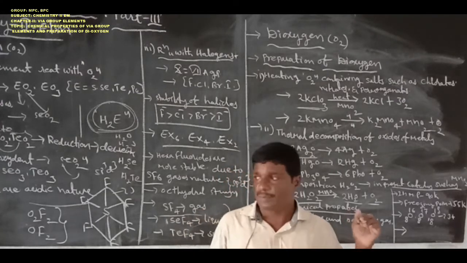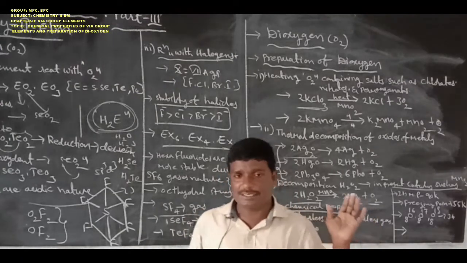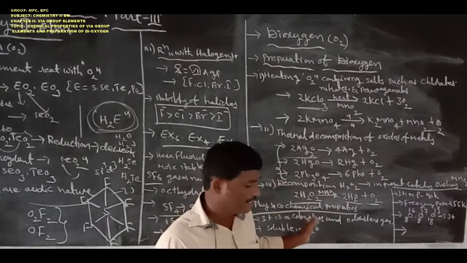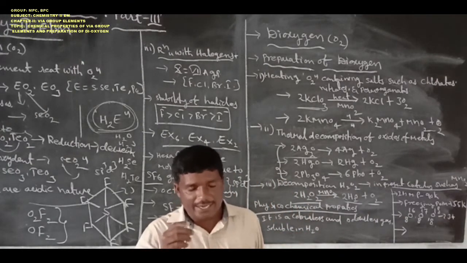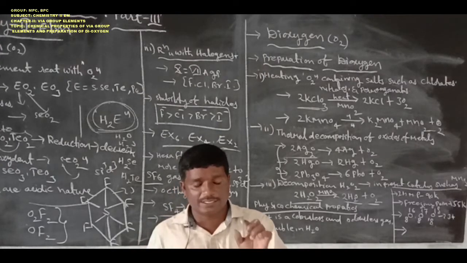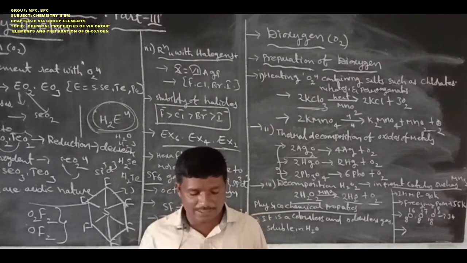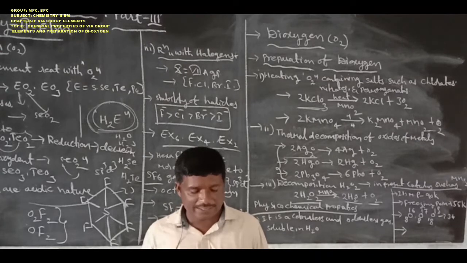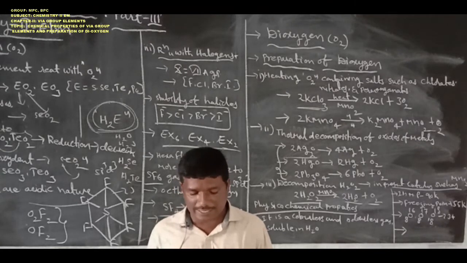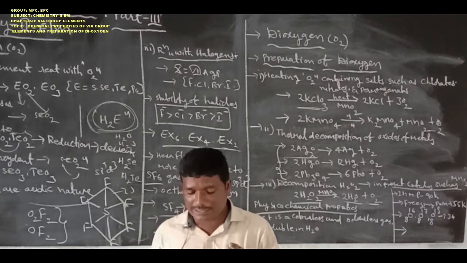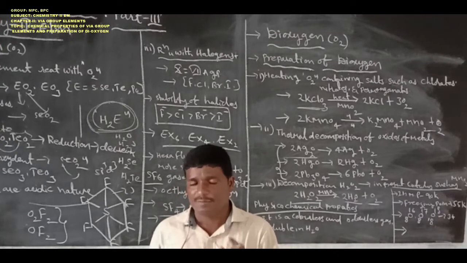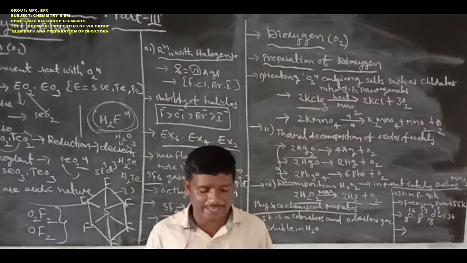That covers the preparation, physicochemical properties and uses of dioxygen. Dioxygen is used in respiration and combustion. It is used in oxyacetylene welding and in the manufacture of many metals in industries like the steel industry.